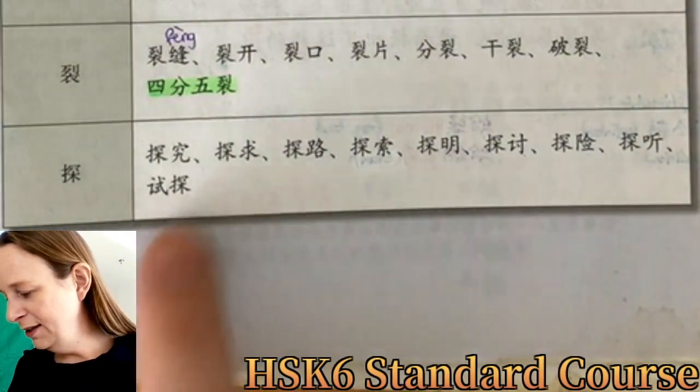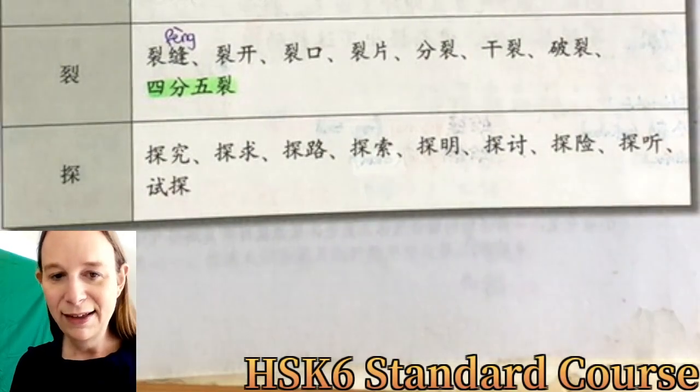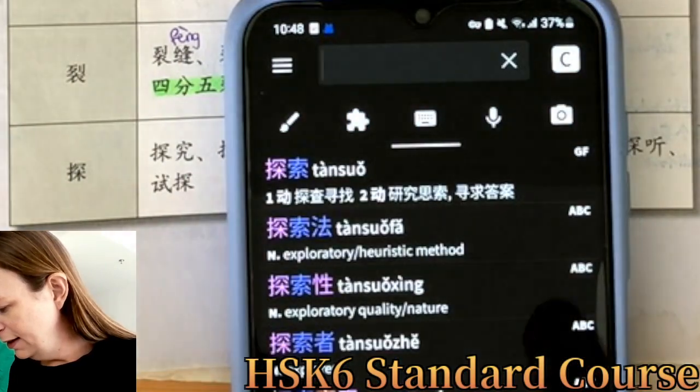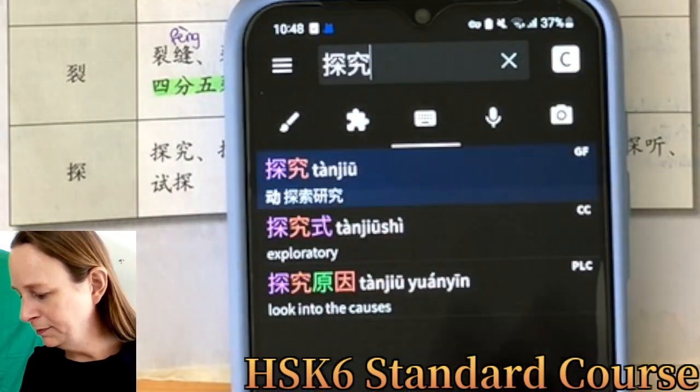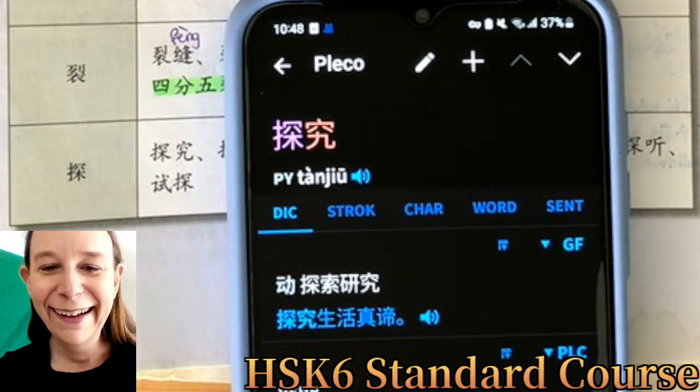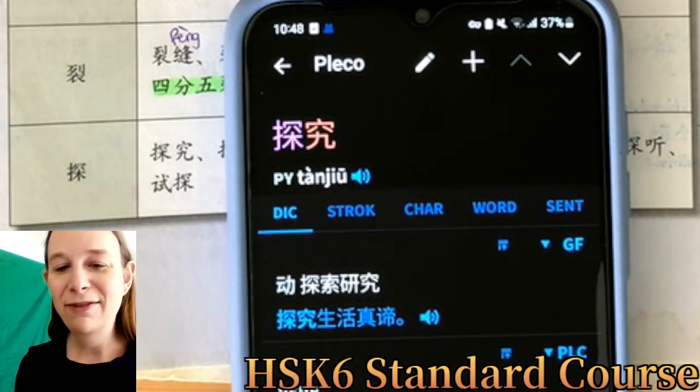Okay, so what are the other ones? 探究, so explore and no, I don't really know. 探究, 探索研究, oh, okay. All right, explore and research.